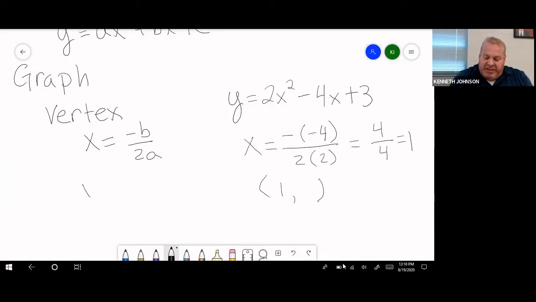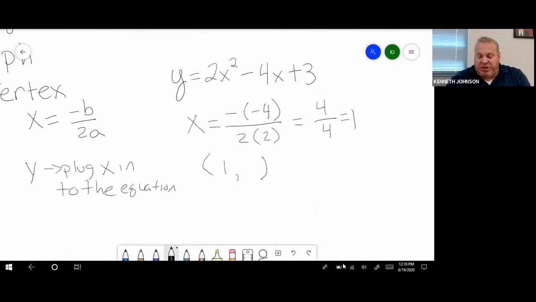And the way we find that is to find the y value, you plug x in to the original equation. So I'm going to plug 1 into my original equation up here. Y equals 2 times 1 squared minus 4 times 1 plus 3.